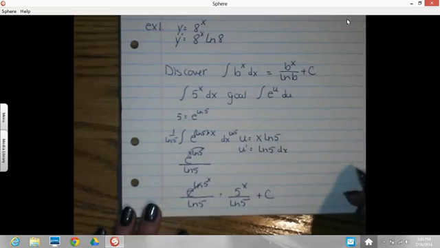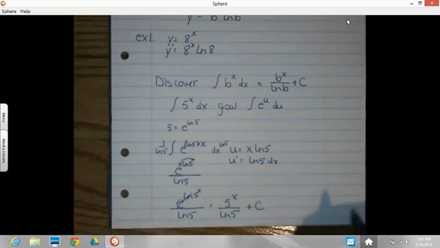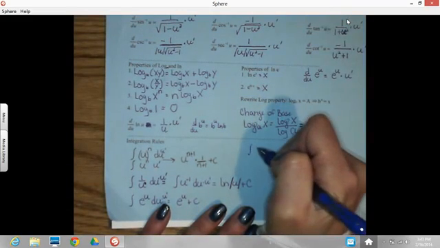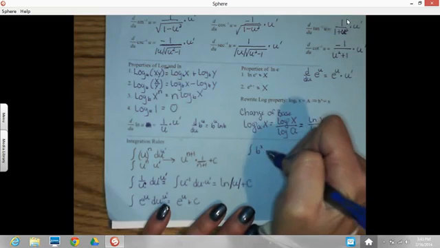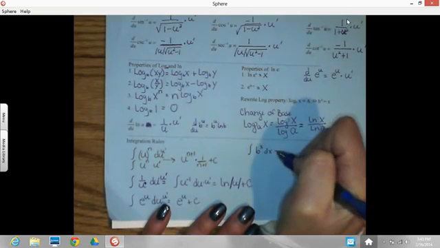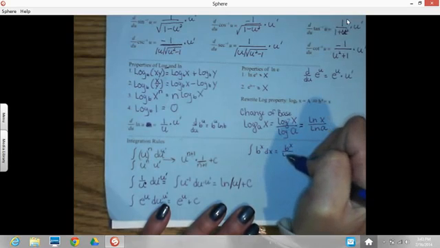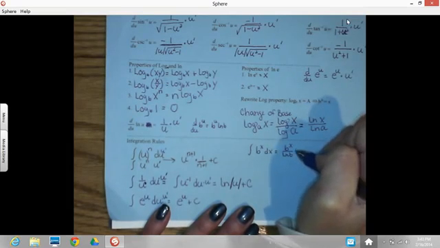And it is. So, on our blue sheet, down here in the integration rules, the integral of b to the x dx is itself divided by the natural log of b plus c.